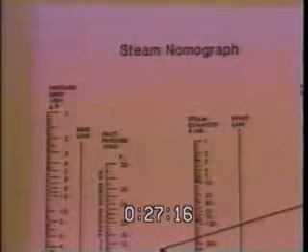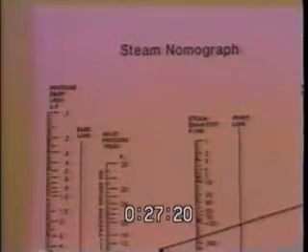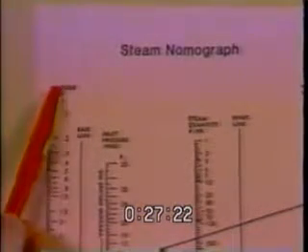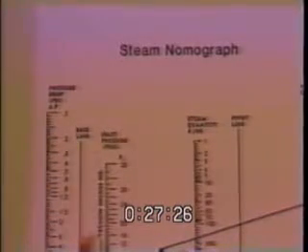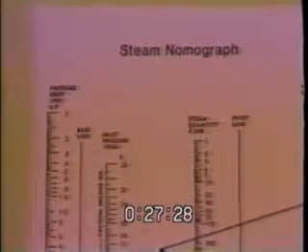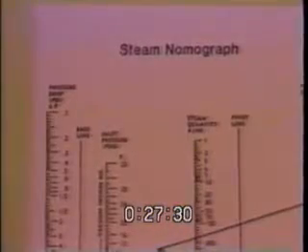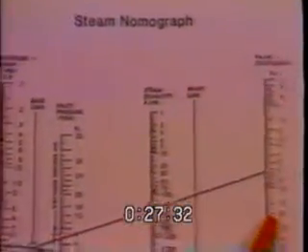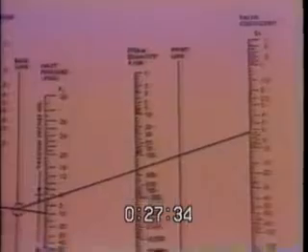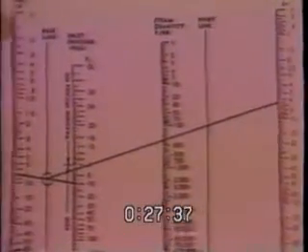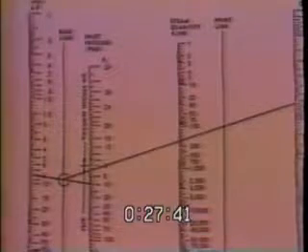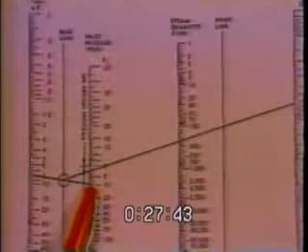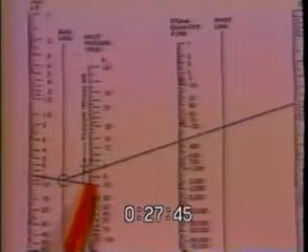Here's the second method in finding the correct CV using steam. Here's a steam nomograph. Notice the columns that we have here. You have the pressure drop across the valve, the inlet pressure, the quantity of steam, and the CV. Here it's already drawn out for you. You can see the pressure drop we wanted was 8. The inlet steam was 10 psi coming in.